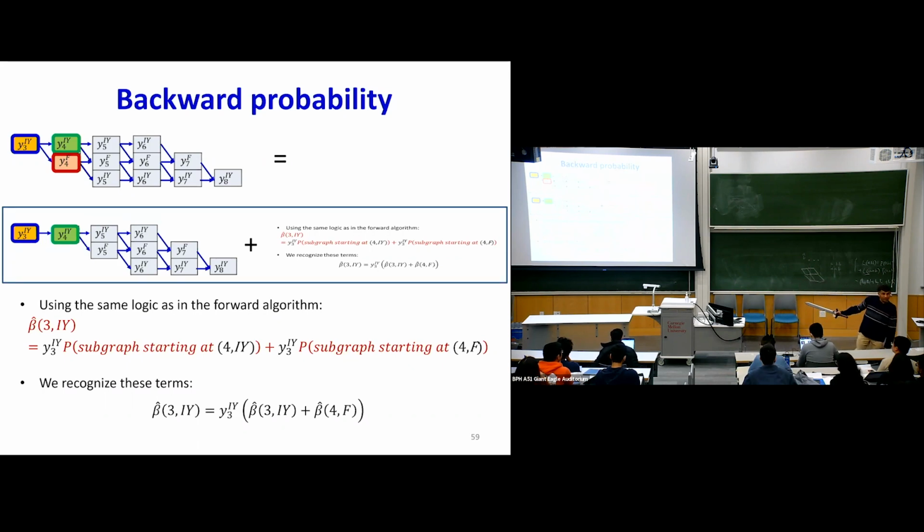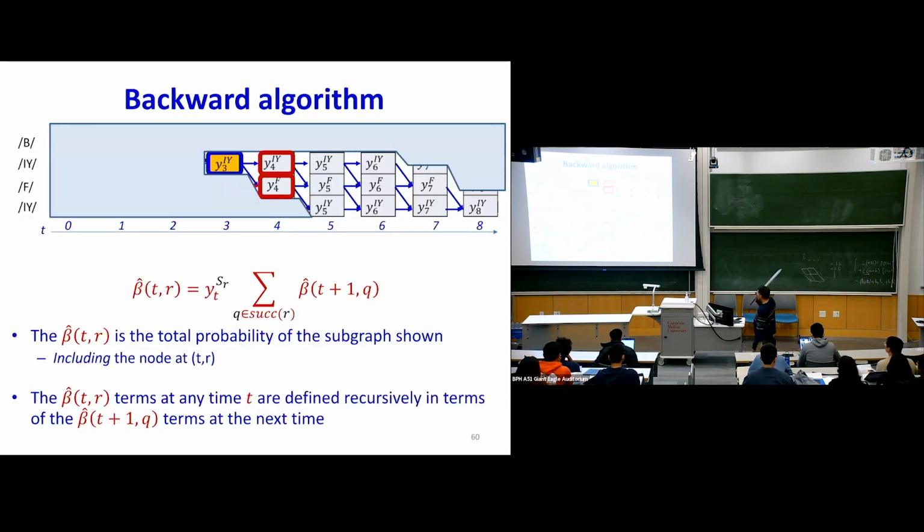And now, magically, we have our recursive algorithm. So here's the overall probability. Beta hat at any t, r is y_t^{s(r)} times the sum over all the children of that node of the beta hat at those children nodes.